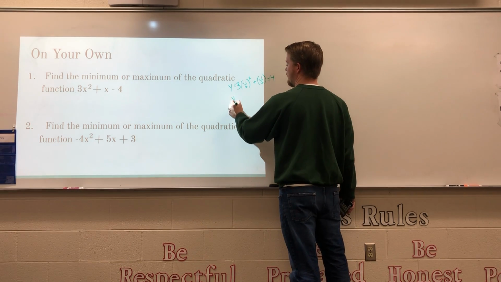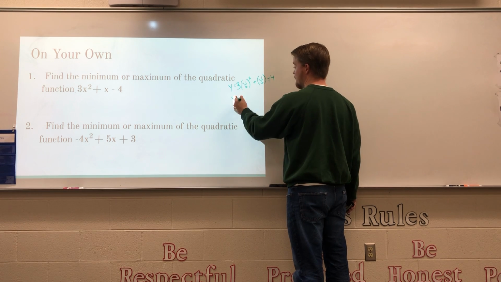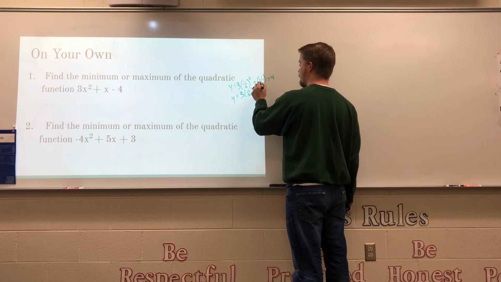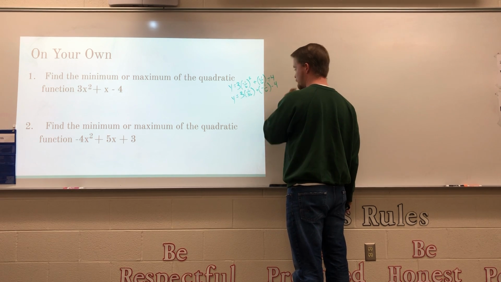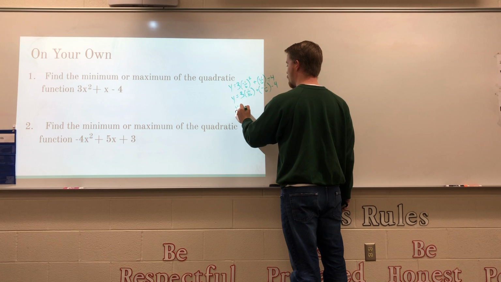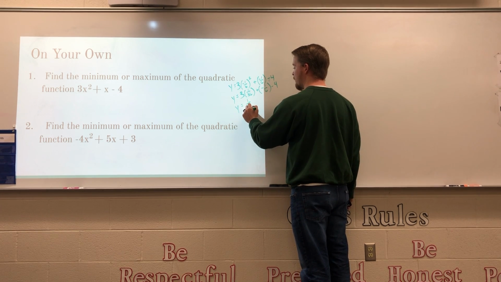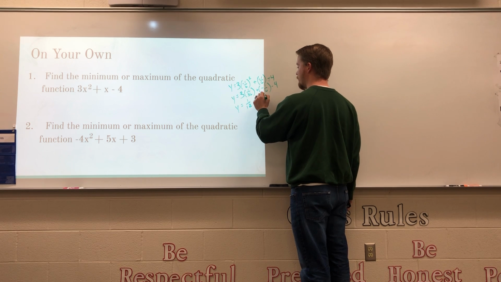So we start by squaring negative 1/6. So y equals 3 times negative 1/6 squared, which is 1 over 36, plus negative 1/6 minus 4. Y equals 3 times 1/36 would give you 1/12 plus negative 1/6 minus 4.